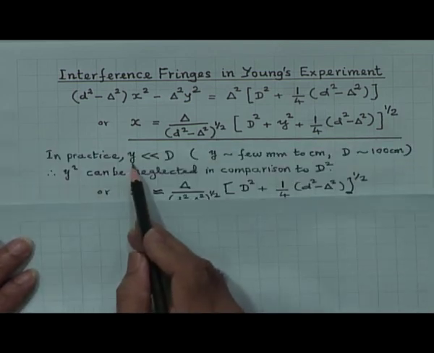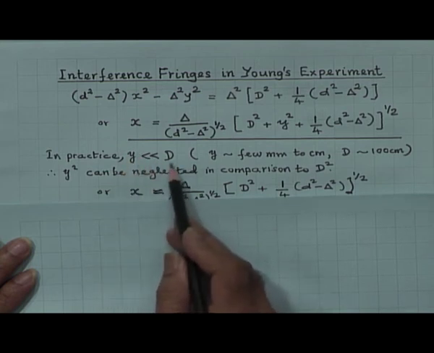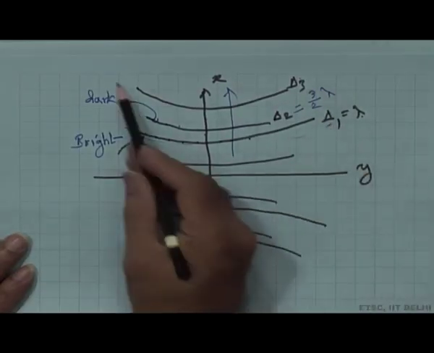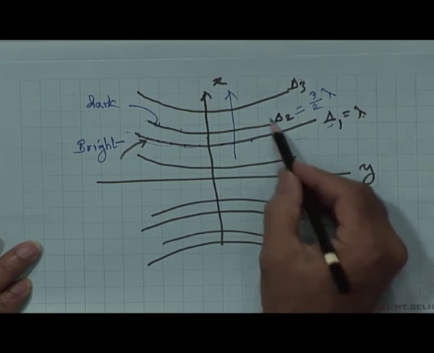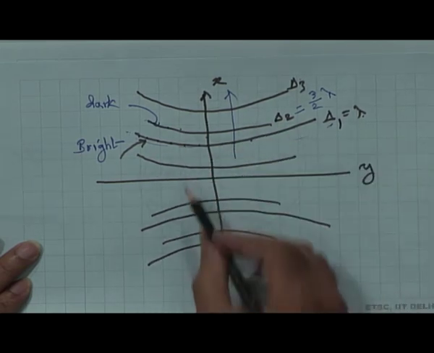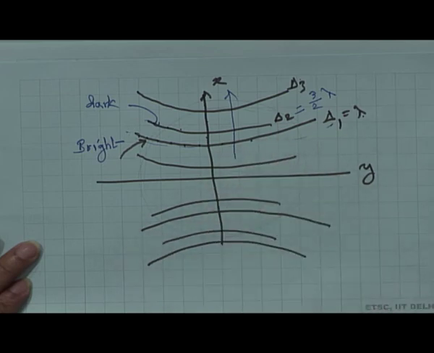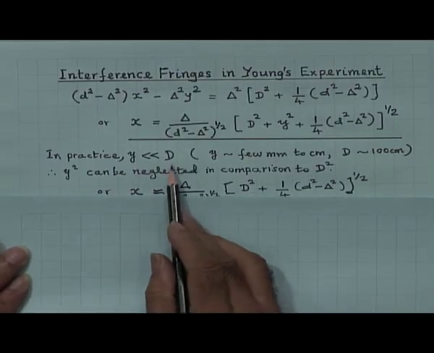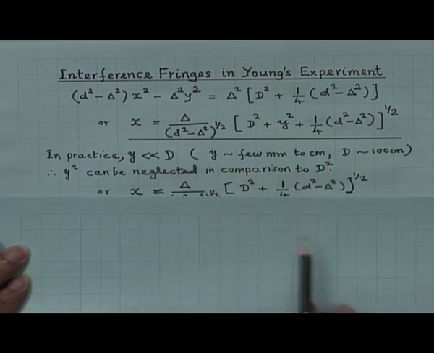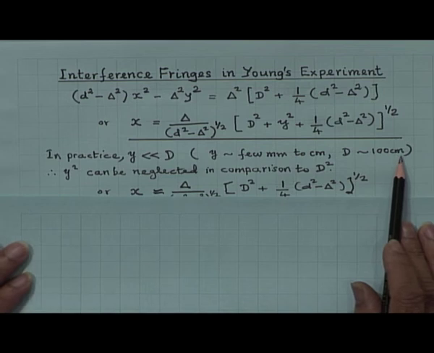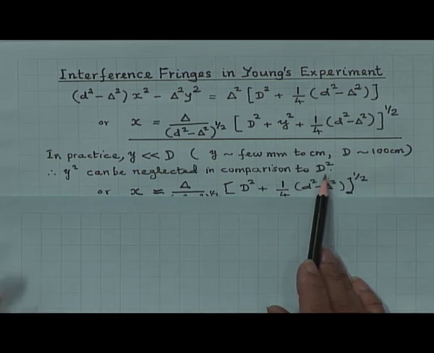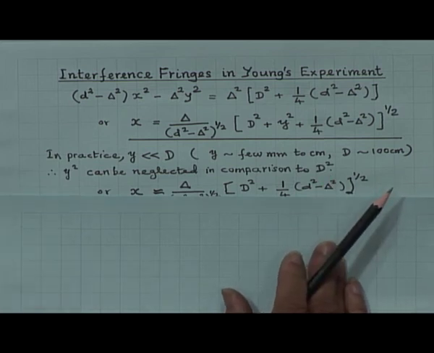In practice, I have already discussed that y is much smaller than d. y is a few millimeters, y is the distance on the screen. This is the screen xy axis, and we are talking of this area which has dimensions of a few millimeters to a few centimeters only, whereas d is of the order of 100 centimeters. Therefore, y square can be neglected in comparison to d square in the Young's experimental arrangement.